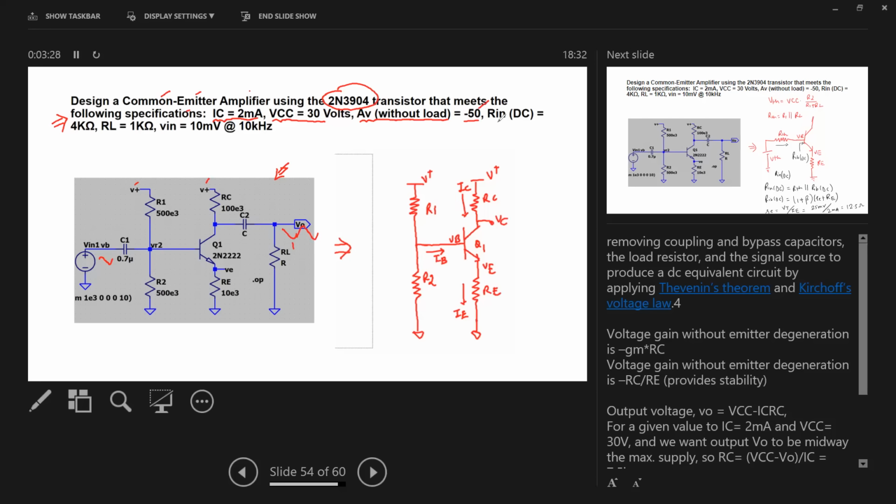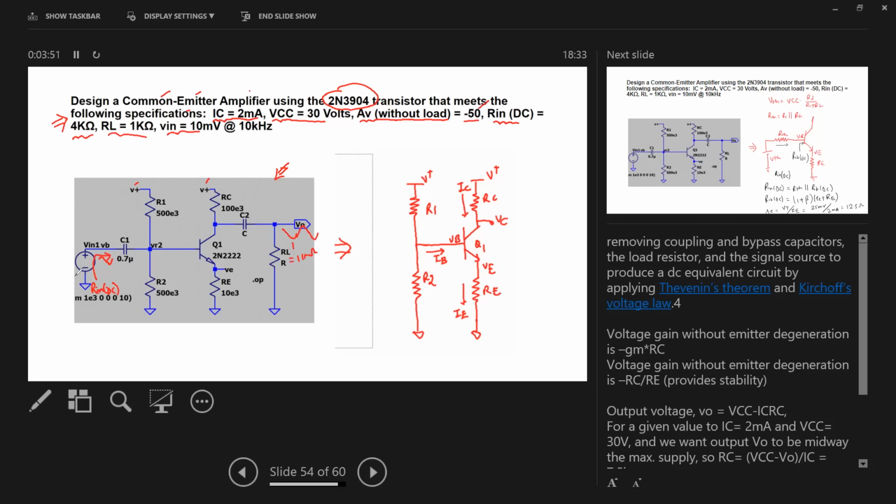Now you have the input resistance of the circuit. Input resistance of the circuit is what you look from here. That is Rin, and it has a DC value at low frequency of 4K. And then your load is given about 1K. This is 1 kilo ohm.